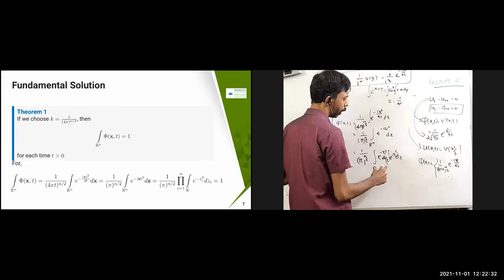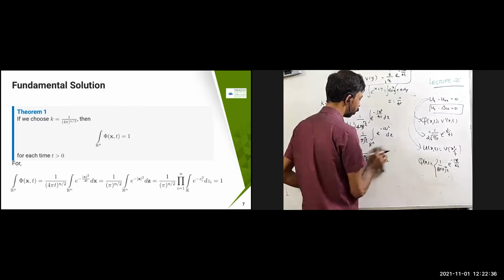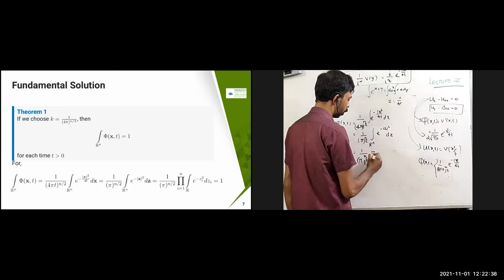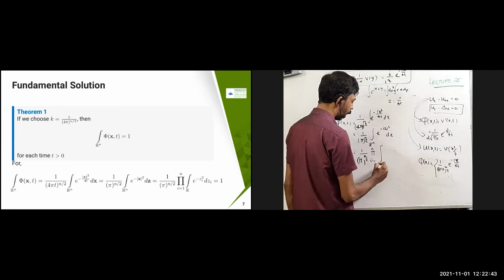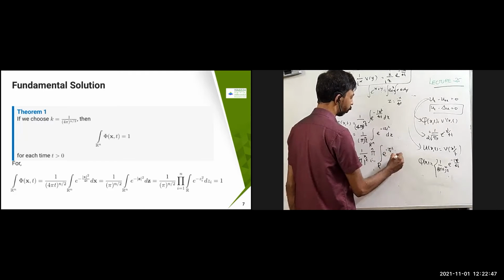Same thing I am doing here. In general, I can write this as 1 by π^(n/2) times the product for i equal to 1 to n of the integral over R of e^(-zi²) dzi.